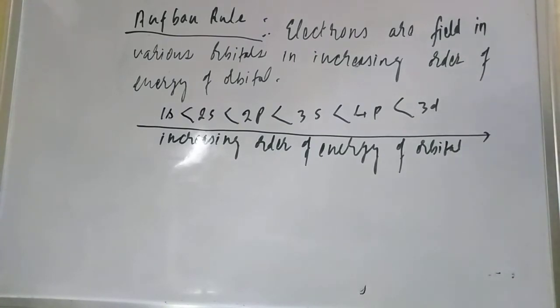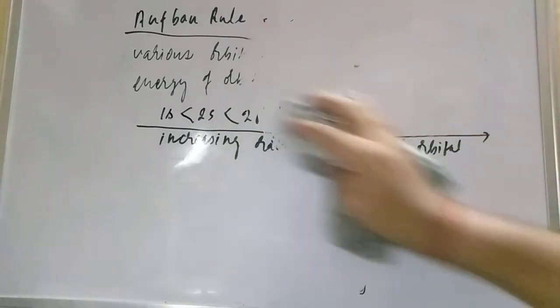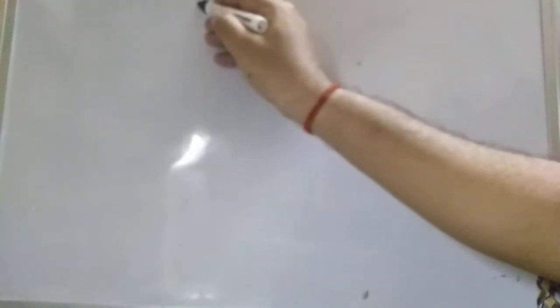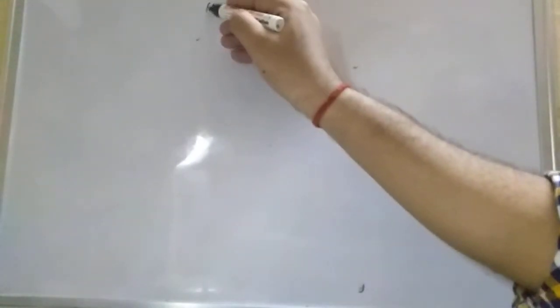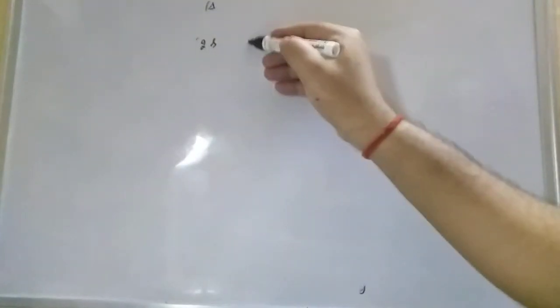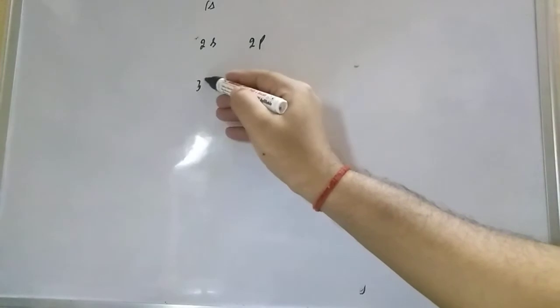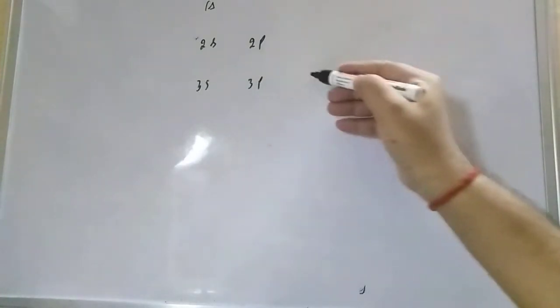He gave the Aufbau rule, with one simplistic diagram, student, and with the help of the diagram we will be able to know how to proceed if there are so many orbitals. First he gave 1s, then 2s and 2p, then 3s, 3p and 3d.